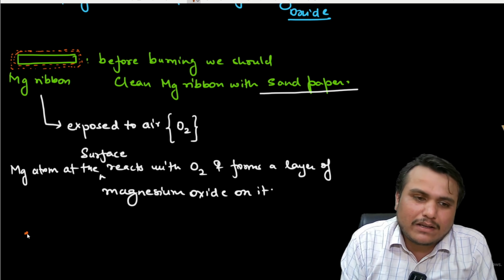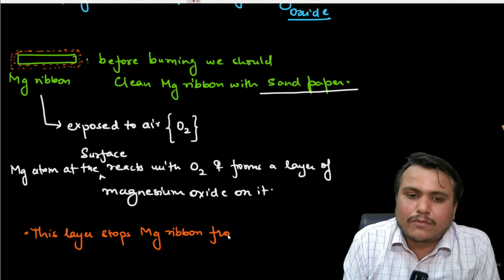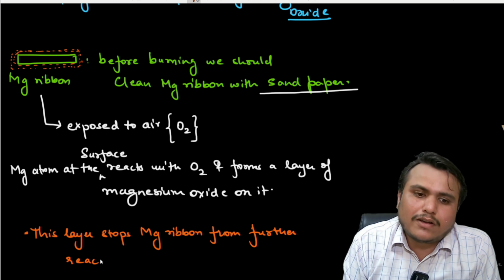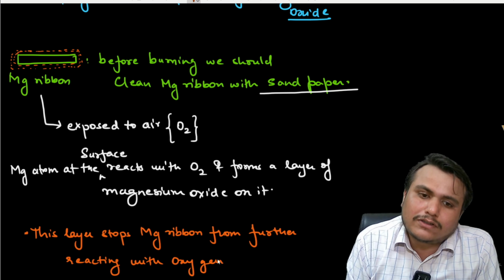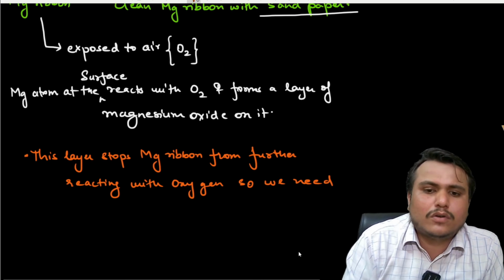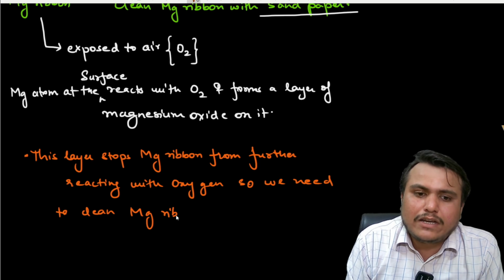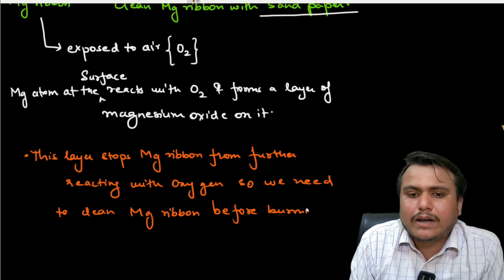So this layer stops the magnesium ribbon from further reacting with oxygen. So we need to clean the magnesium ribbon before burning.